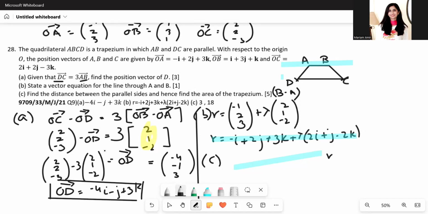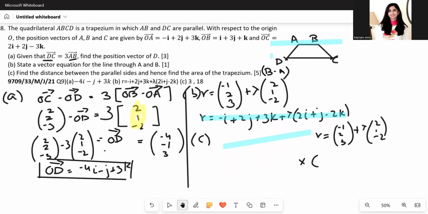So the vector line is known to us. It is r equals (-1, 2, 3) plus lambda (2, 1, -2). And we have the position vector of C as well. C is (2, 2, -3).